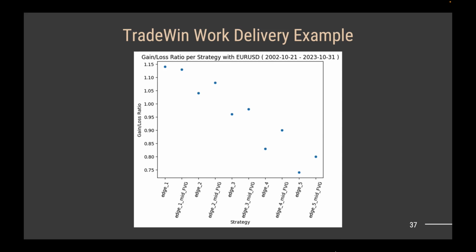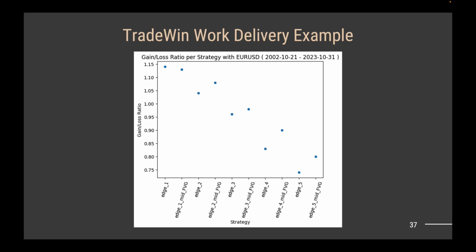So we can see that Edge 1 and Edge 2 are above this line, meaning this strategy is profitable for Edge 1 and Edge 2. We can also say that entering at mid FVG for Edge 2, which is this point here, gives better overall results than entering immediately when FVG gets touched.